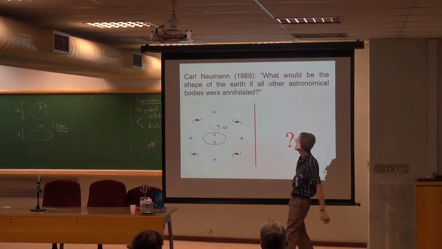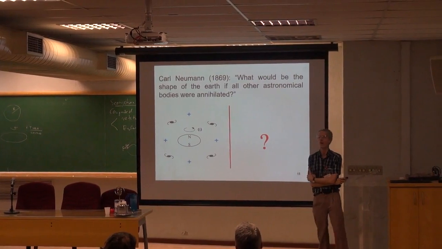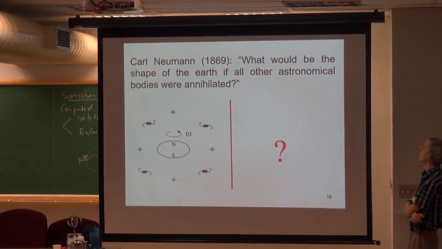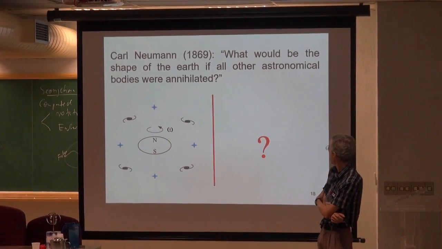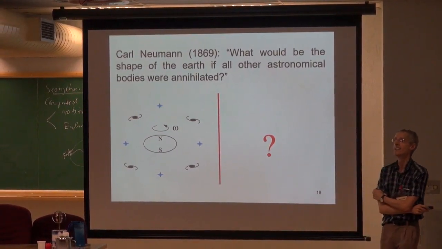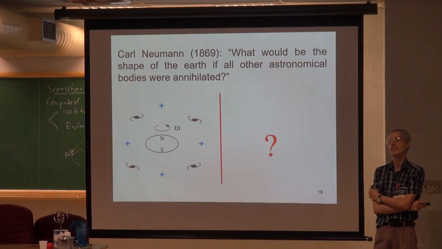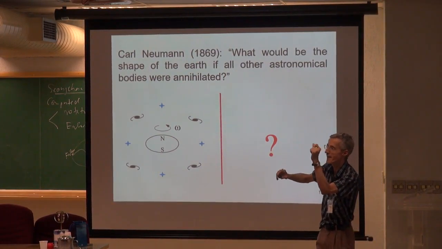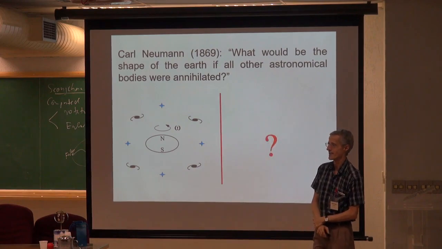In this book he made a most fascinating question: what would be the shape of the Earth if all other astronomical bodies were annihilated? Not go away, from far away. We make like that, they disappear from the universe.